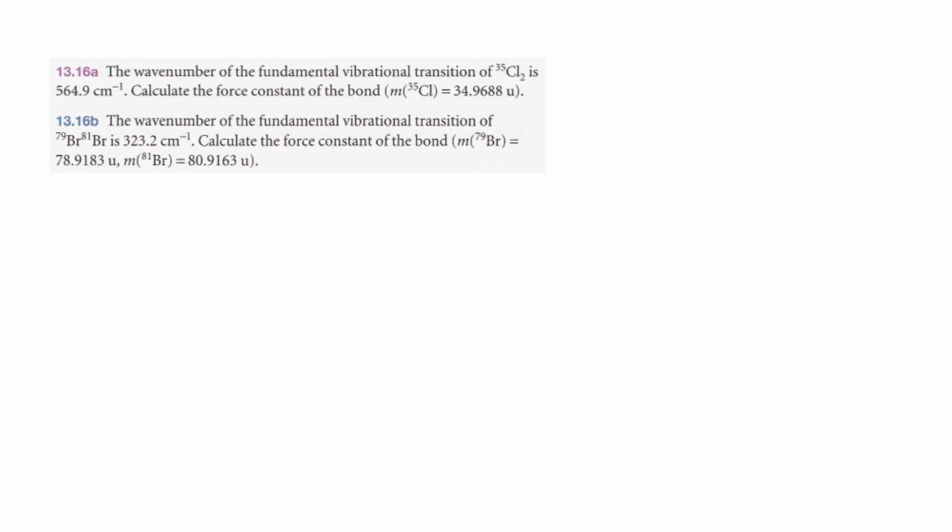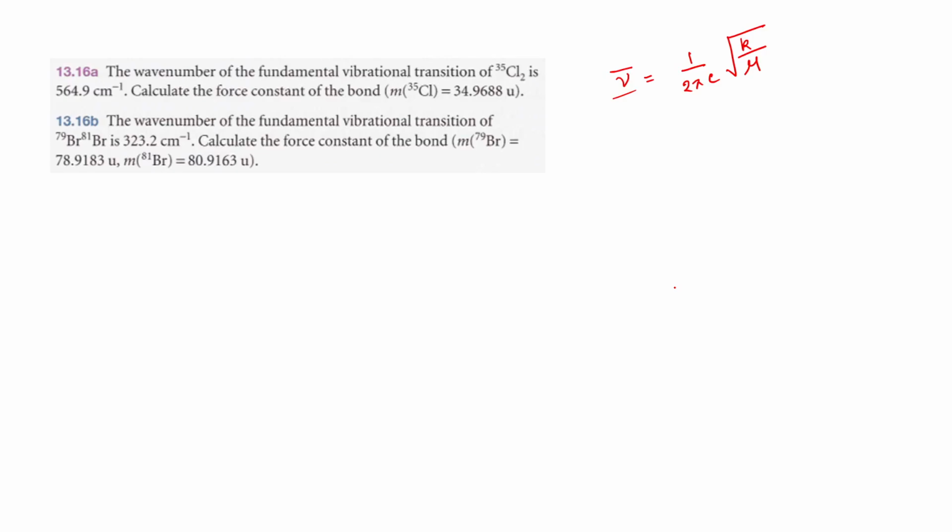This is direct: you have the new bar, and you have 2 pi c times the square root of k by mu. So you calculate the mu. This mu bar is given. How do you calculate mu? For 35Cl2, you use the atomic mass unit and you will get the value. So that is one kind.